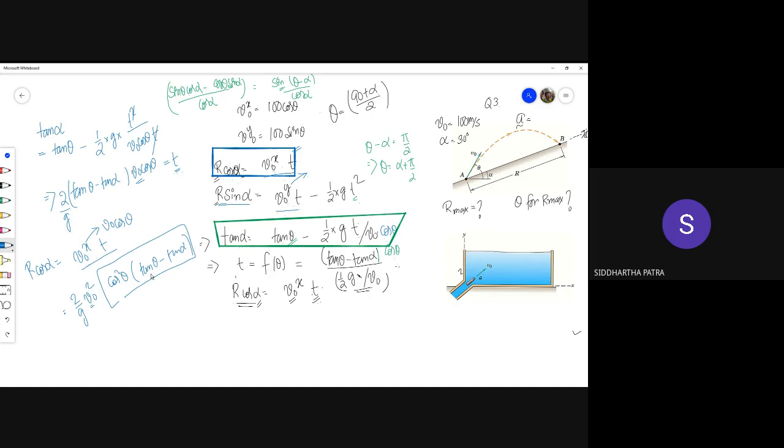Okay, and what is that quantity? So first of all, this quantity is sine theta cos theta minus cos square theta by tan alpha.